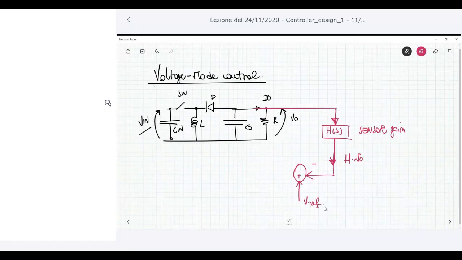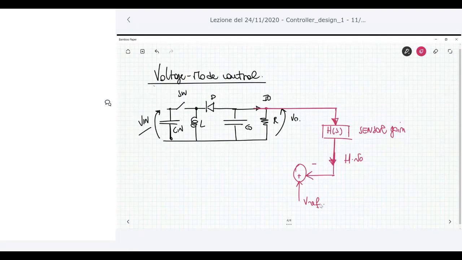The reference voltage is exactly what I want to get at the output. Say to me, this is my target. Do whatever you want, but you have to get this output voltage. Of course, if everything is stable and there are no perturbations, the output voltage V0 is the correct one. So it means that H V0 is equal to Vref.